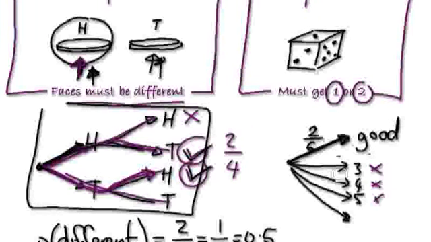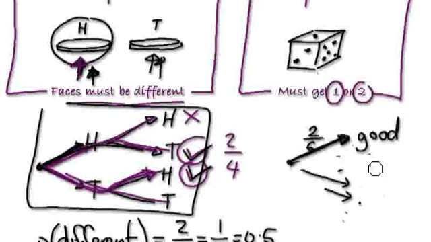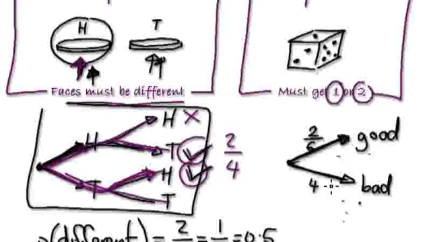But let's merge all these four together. Remember that there are four routes here. We are going to merge all of them together, so it will be like this. Let's call it bad. So the probability of you going down here would be 4 out of 6.